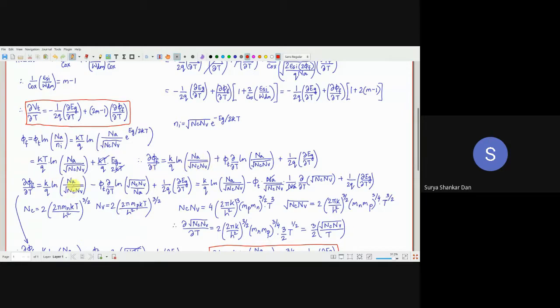The same thing I have just copied here. Instead of putting root over NcNv in the denominator and trying to take a derivative, it is easier for us to put the root over NcNv here. I've reversed this numerator and denominator. Okay, is equal to k by q ln Na by root over NcNv minus phi t.